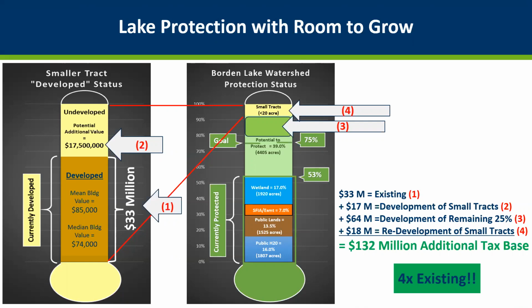If you then build out the rest of the 25%, it's a $64 million potential. And then let's say redevelopment, when grandma's $60,000 cabin turns into a $1 million house on existing lands, there's some potential there too. So in this particular case, it varies by lake, but in this case, there's all kinds of room yet to grow the tax base and protect Borden Lake. Next slide.